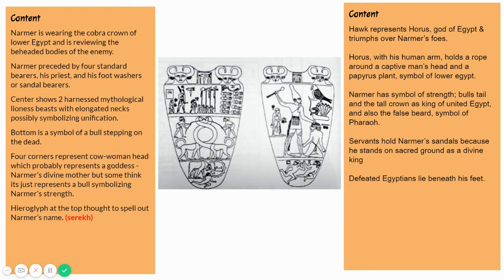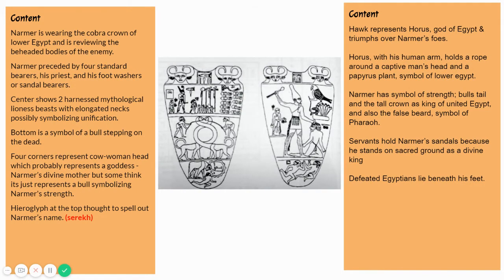This is when Egypt wasn't ruled by one king or pharaoh, but you had a lot of coexisting groups of people all throughout this Nile region, right? And so for Lower Egypt, we had this crown, and you can see Narmer here is beheading the bodies of his enemies, okay?